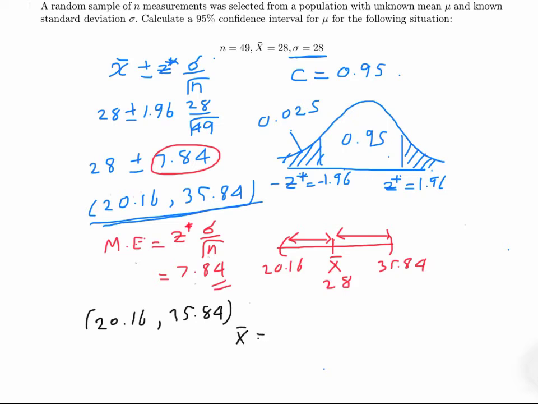Therefore, x bar equals add these two numbers, 20.16 and 35.84, and divide by 2. Always divide by 2. 20.16 plus 35.84 is 56, divided by 2, which is 28.